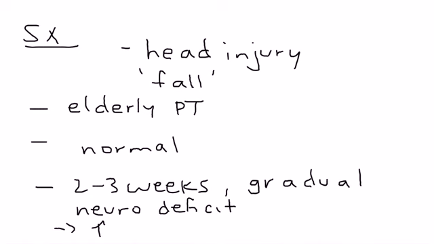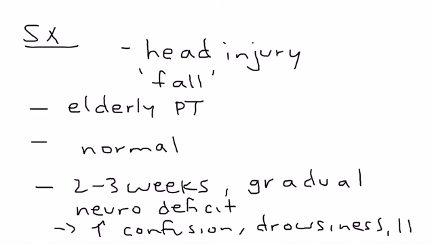Well, the patient will have increased confusion, the patient will have maybe some personality changes, drowsiness, and clearly there's something wrong with the patient, and the patient is then brought in to the emergency room. Headache also can be present.